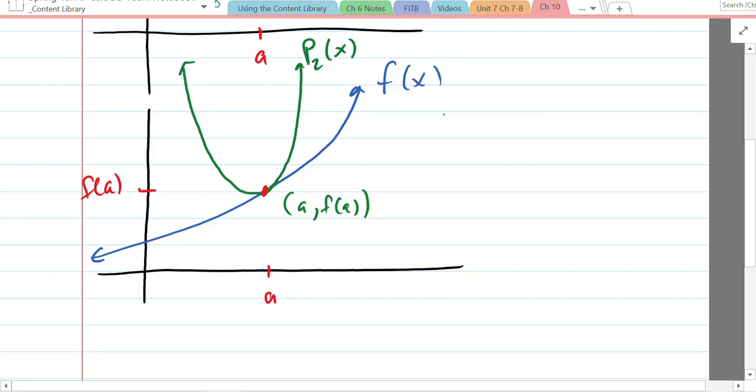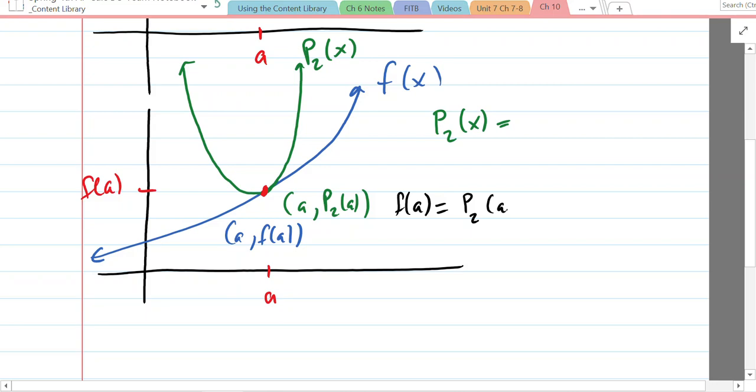So in this case, our second order approximation, let's look at it. The point at a on the function is f of a, and f of a equals P second order of a.